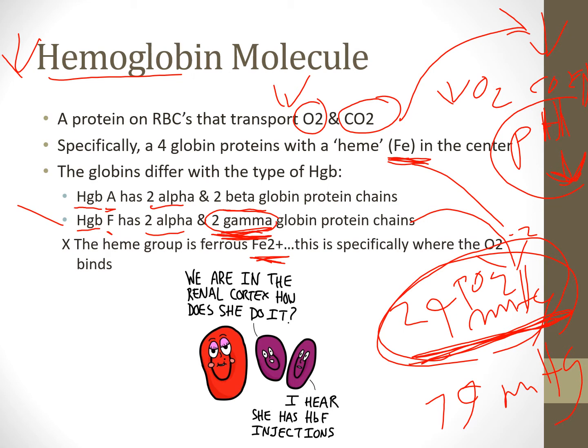The way I remembered it: ferrous attracts, and ferric does not. I remember ick is ew, like get away from me, I don't want to see you anymore, or that's gross, like ick, right? Icky. That's where the hemoglobin molecule wants nothing to do with the oxygen.